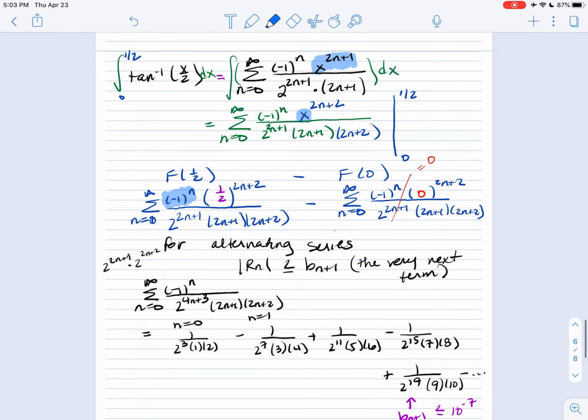So notice here that I can use my known series to find a power series for another function. I can use derivatives and integrals for that function and integrate term by term from my power series.